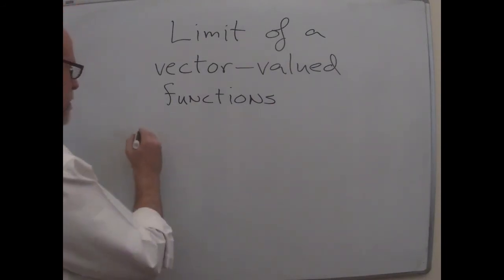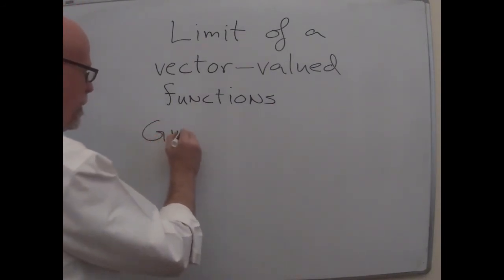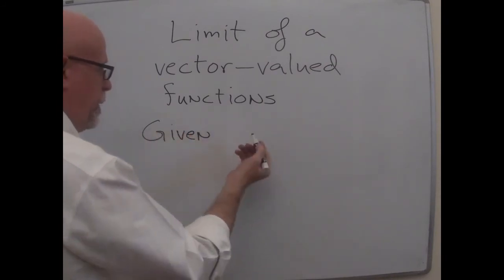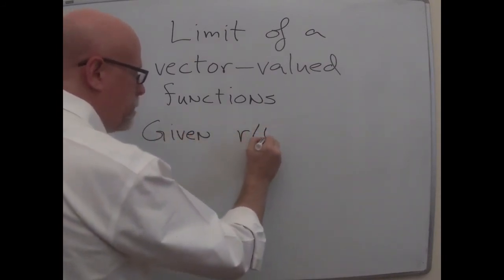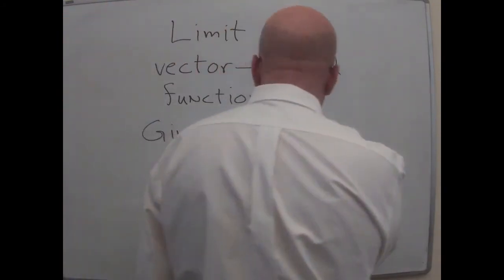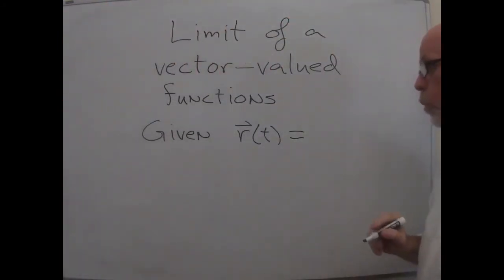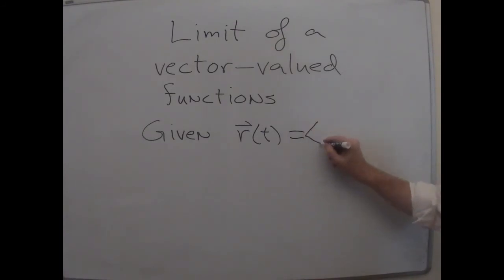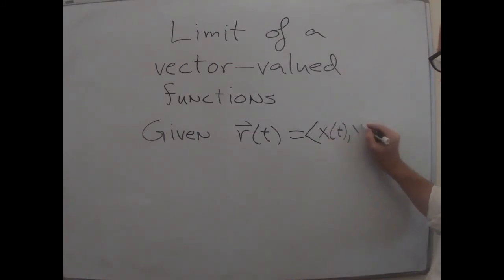So let's give an example of this. Suppose I call it r of t, and that's a vector. And it has coordinate functions. I'm going to name these functions after the coordinates. So we'll call it x of t, y of t, and z of t.